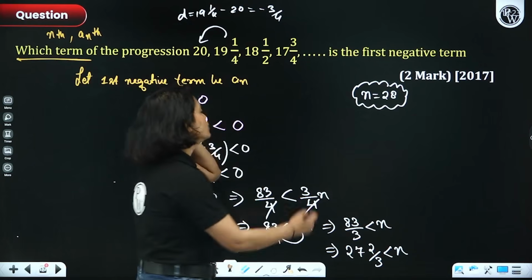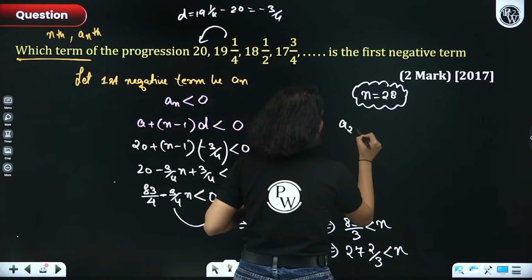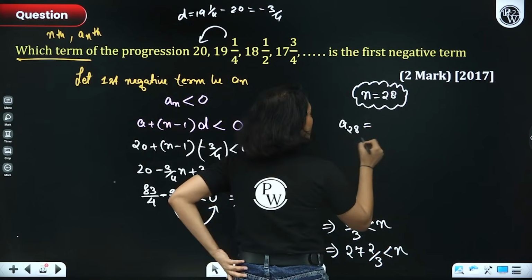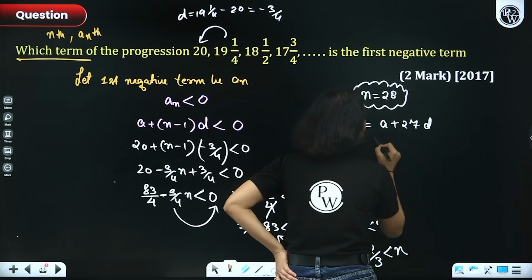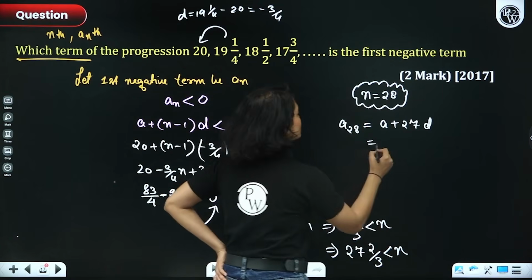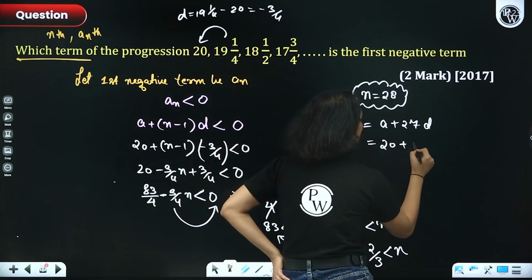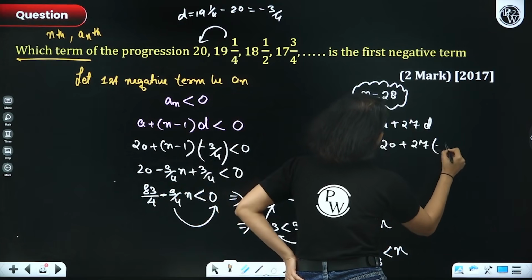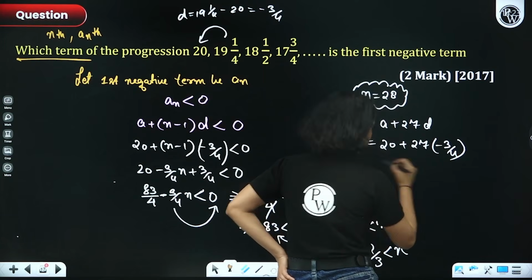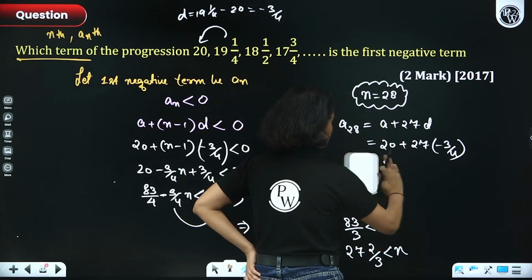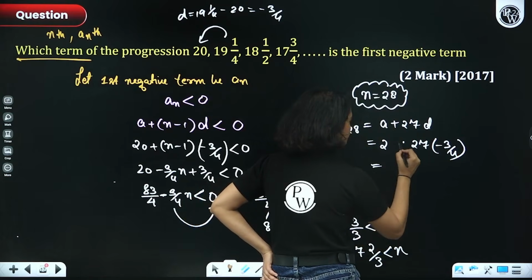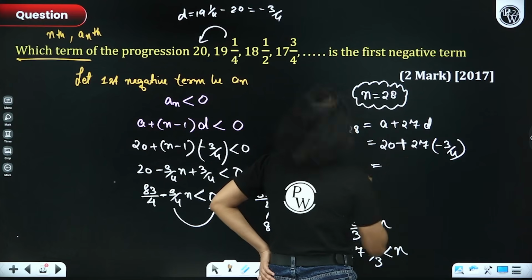Okay, now you can check a28 if you want everyone. a28 would be what? a plus 27d. Right? So the value of a, 20 plus 27 into what is d? Minus 3 by 4. Okay? So we can calculate this. So wait. Okay.